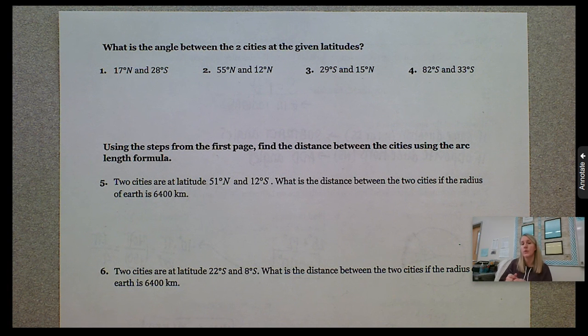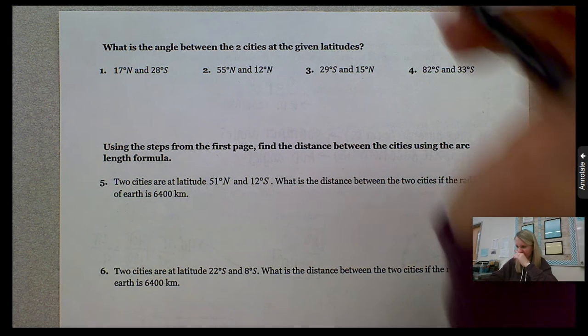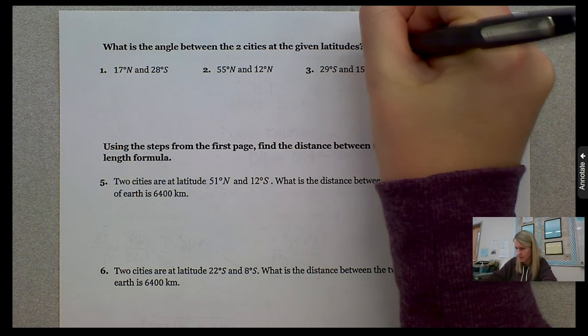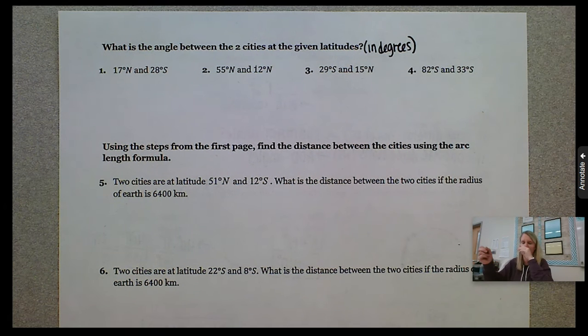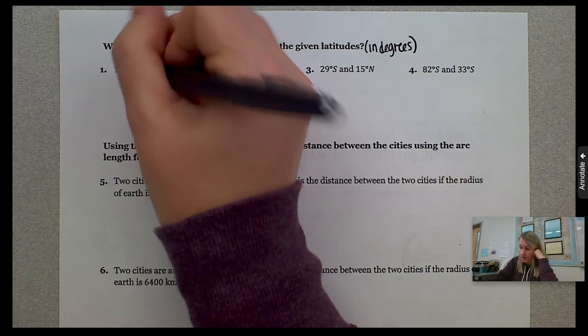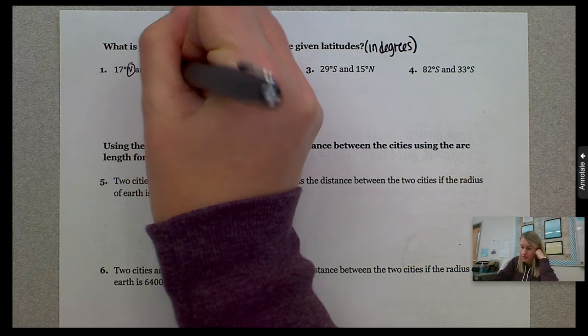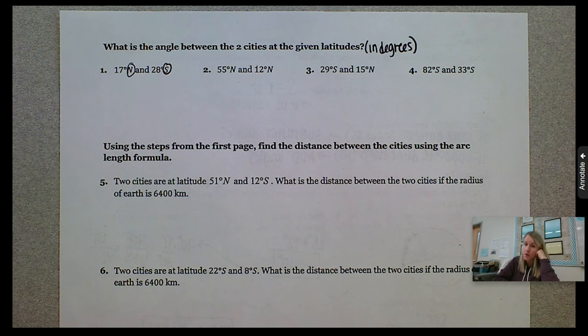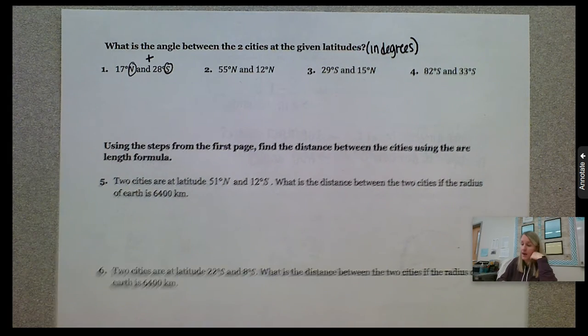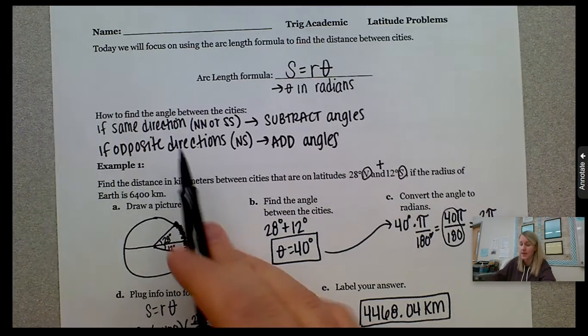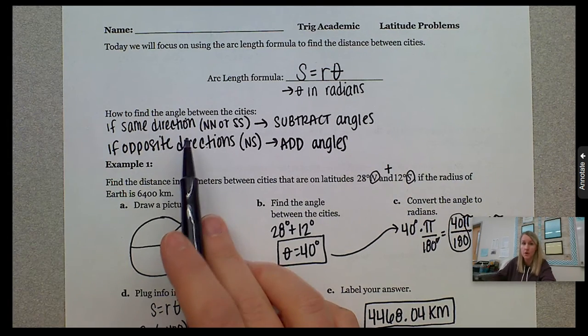So what is the angle between the two cities at the given latitudes? I'll just say this has to be in degrees. You don't need to convert it or anything. Just as a reminder, this is what I usually do. I look at the angles and I look at their directions. First thing I notice is those are opposite. Once I see opposite, I put a plus, and then you can just remind yourself to add. That's why we wrote this down at the beginning to refer back to.